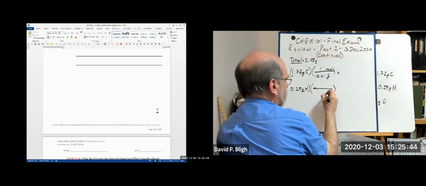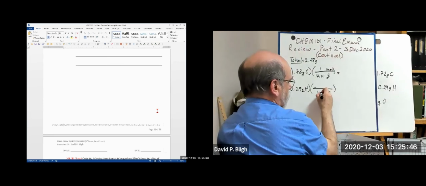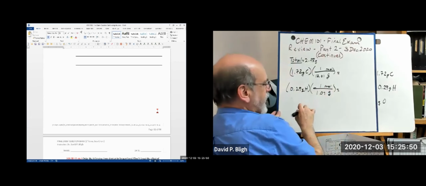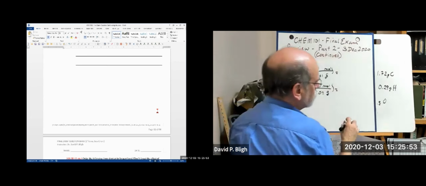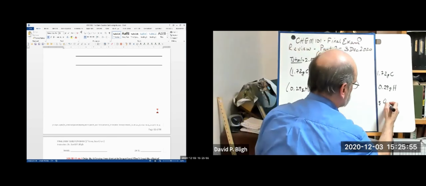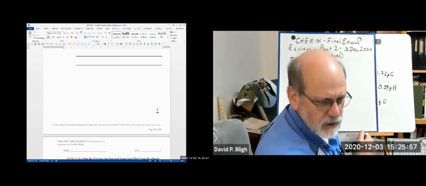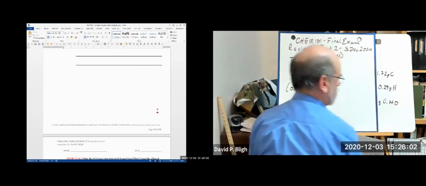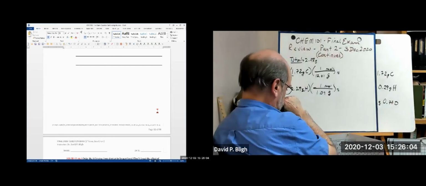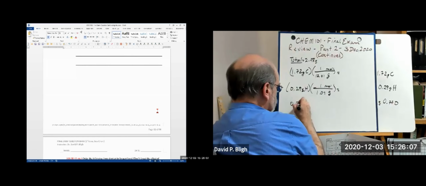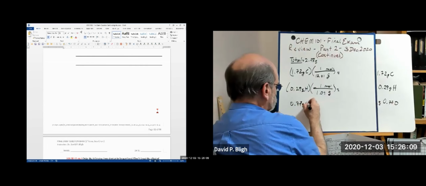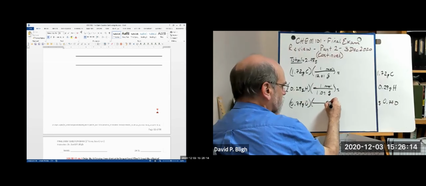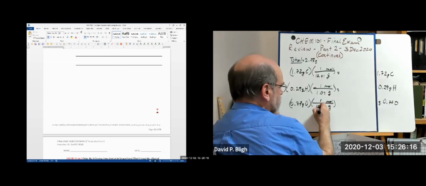Now we need a conversion factor for hydrogen. 1.01 grams per 1 mole. And oxygen. Ooh, I erased something here. 77. There we go. Oxygen is 0.77 grams. And we need a conversion factor for that one, which is 16.